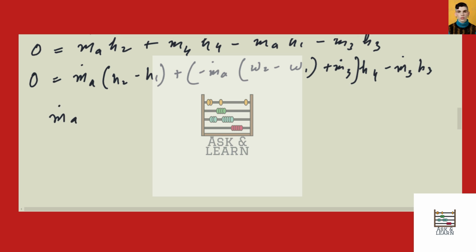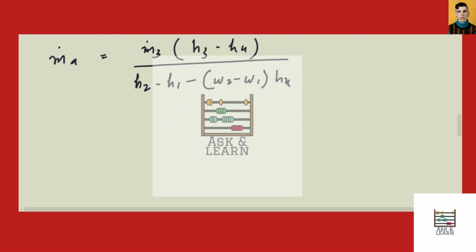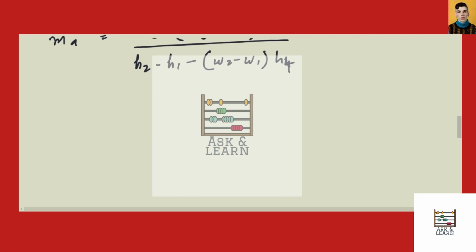So Ma = M3 (H3 − H4) / [(H2 − H1) − (W2 − W1) H4]. It's H4.